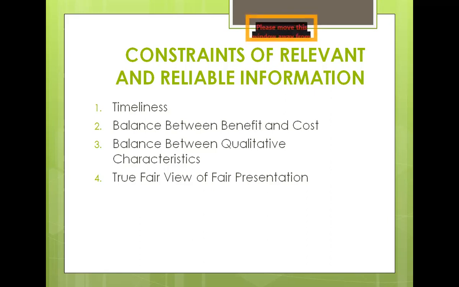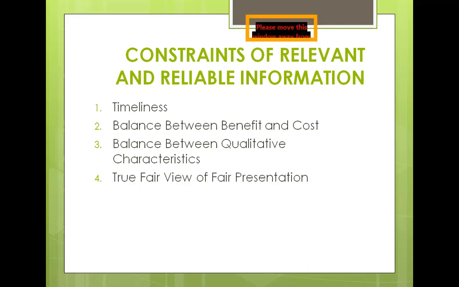Conversely, if reporting is delayed until all aspects are known, the information may be highly reliable but of little use to users who have had to make decisions in the interim. In achieving a balance between relevance and reliability, the overriding consideration is how best to satisfy the economic decision-making needs of users.